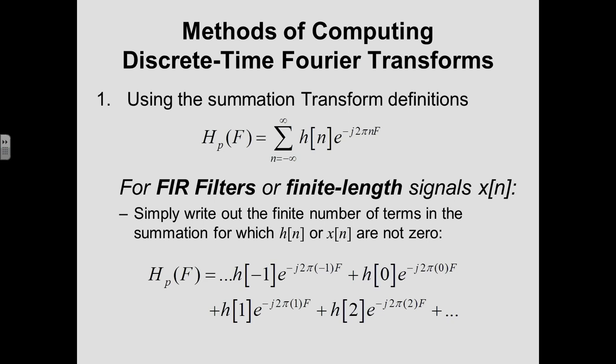So if we explicitly write out the terms of the summation, for each value of n we'd have some h term and an e to the minus j 2 pi n F term, and we would just sum along all the ones for any value of n where h of n is non-zero.